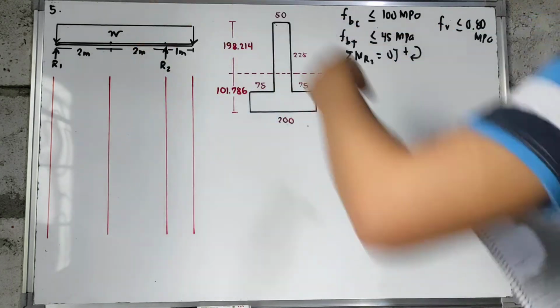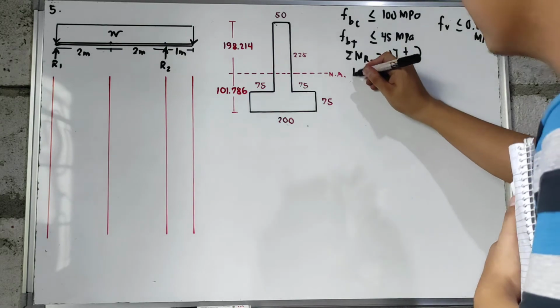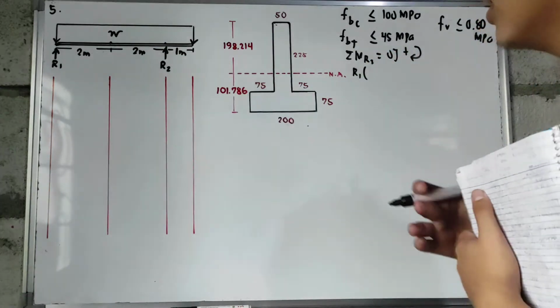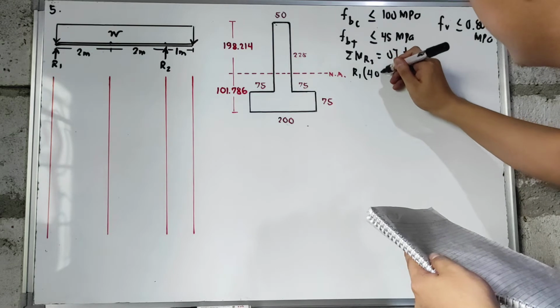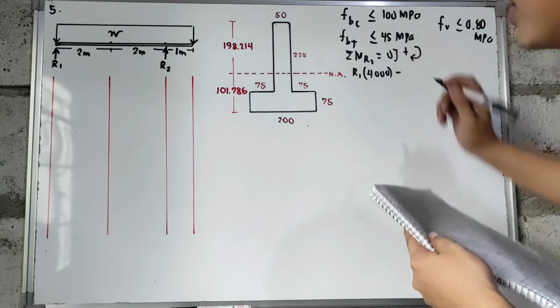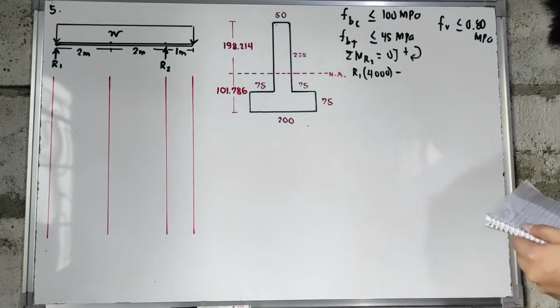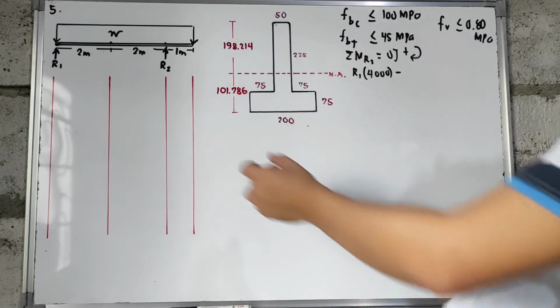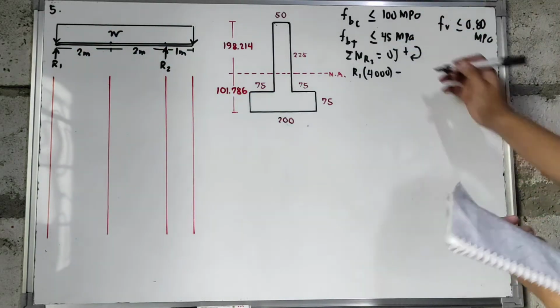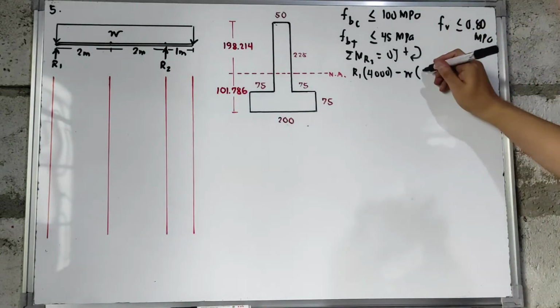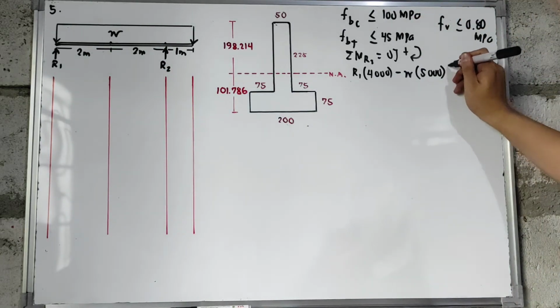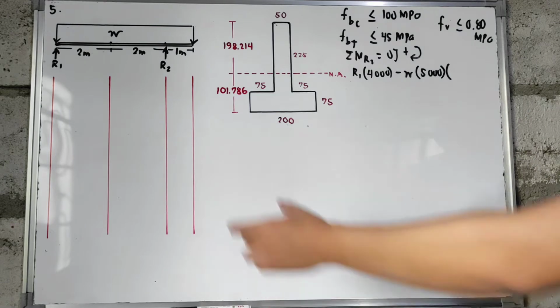So we have R1 multiplied by, so in terms of mm na lang para hindi tayo magkalito-lito. So sabihin natin we have 4,000 mm minus etong W natin, so W multiplied by yung kabuuan niya, which is equal to 5,000 multiplied by yung moment arm niya.